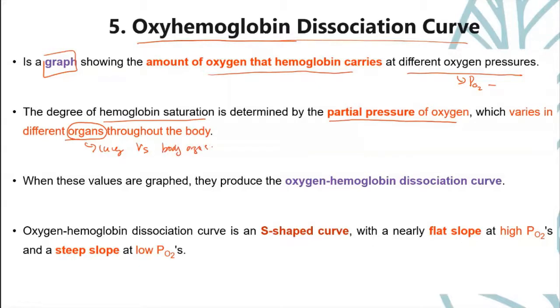When these values are graphed, they produce the oxygen hemoglobin dissociation curve, same thing as oxyhemoglobin dissociation curve. It is an S-shaped curve with a nearly flat slope at high partial pressure of oxygen and a steep slope at low partial pressure of oxygen.